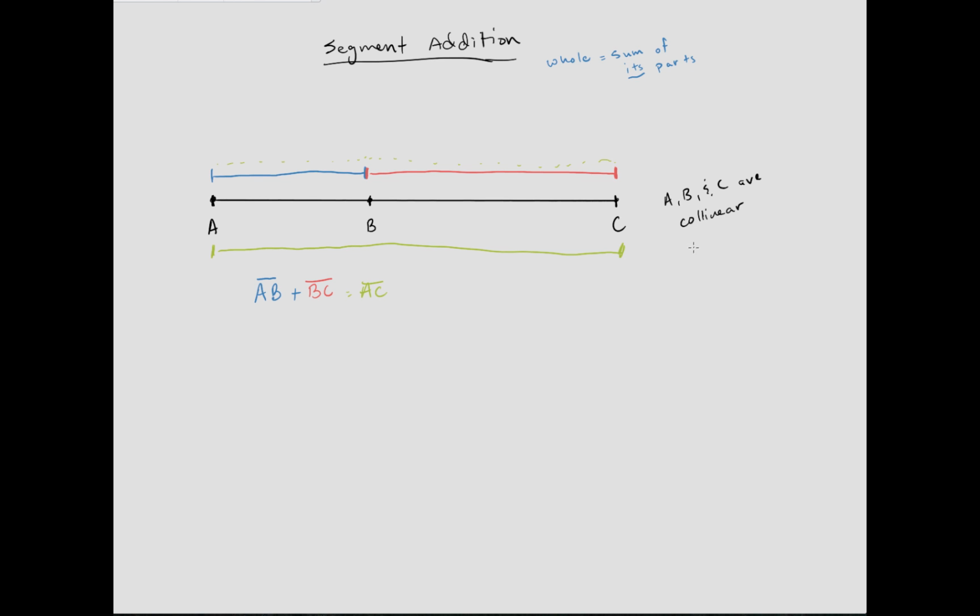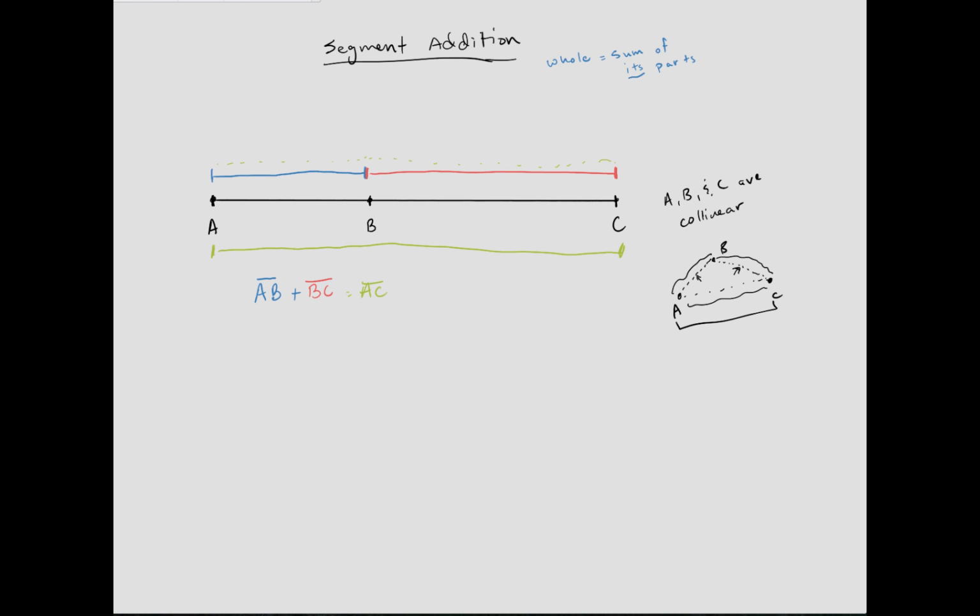And so that means that, for example, if I had something like this, A, B, and then C, like so, well, then obviously, and it's a little harder for me to articulate, but here, clearly, AB plus BC is not equal to this, because these two segments don't directly combine to create AC. So hopefully you can kind of see the difference there. And again, this is something where practice eventually hopefully makes it a little easier.